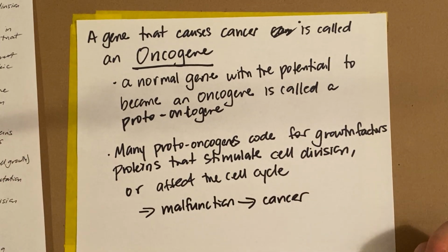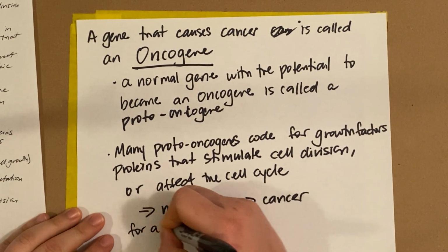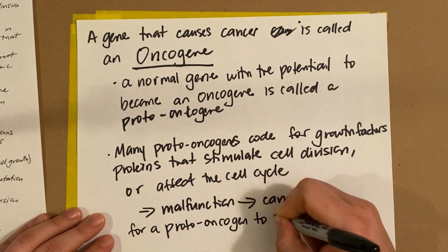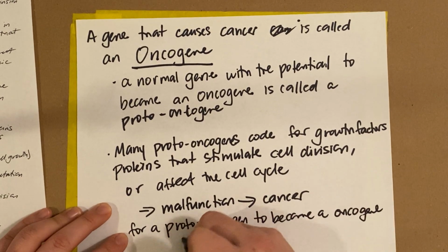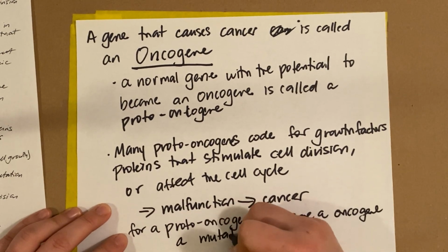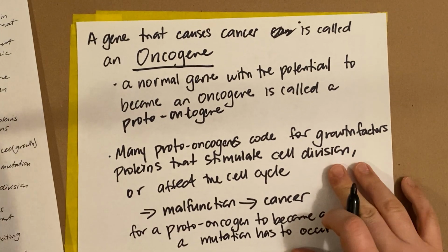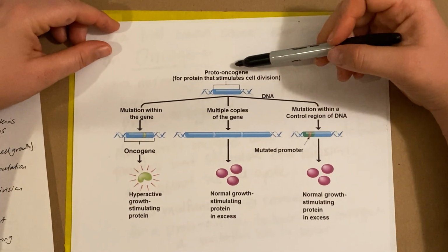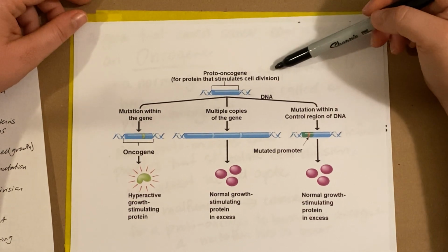Okay, and for a proto-oncogene to become an oncogene, a mutation has to occur. Okay, so here's a proto-oncogene, and this, for example, would code for a protein that stimulates cell division.